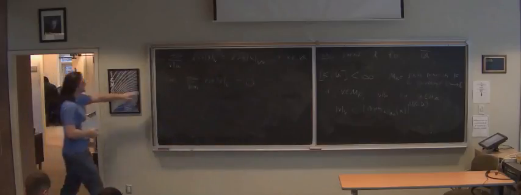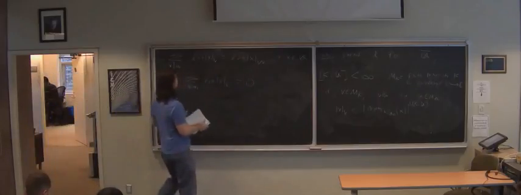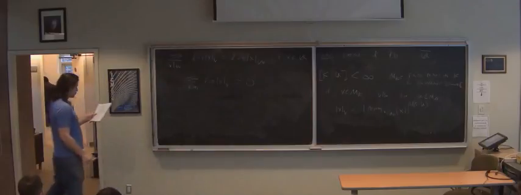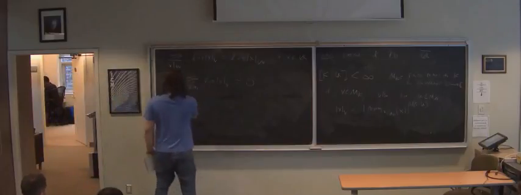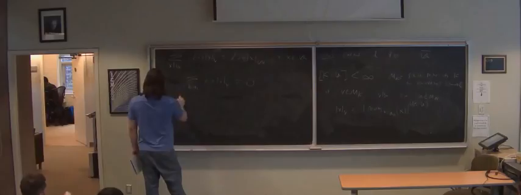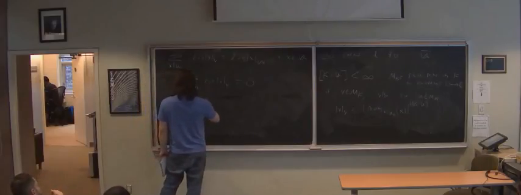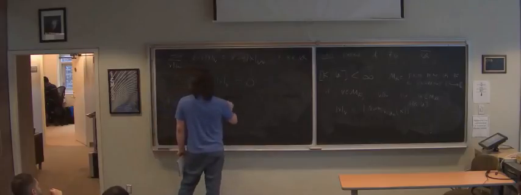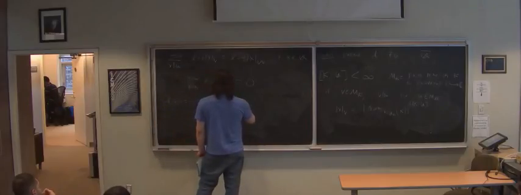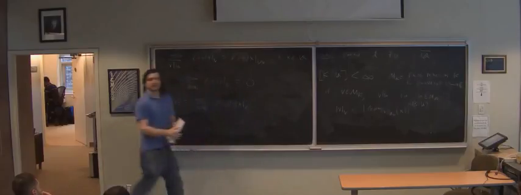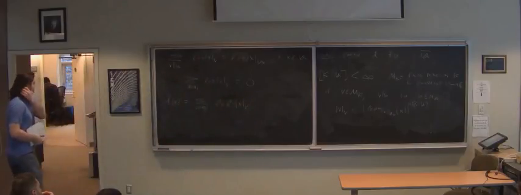Then we're going to define the height of x to just be the sum over all valuations, in the same way as before, of log plus of the v-adic norm of x.